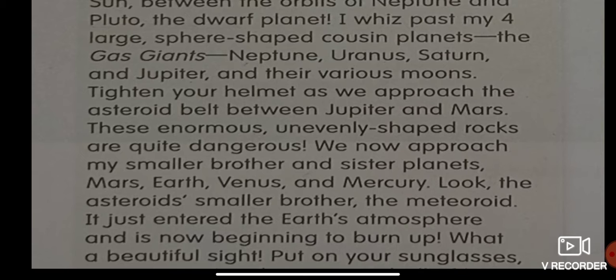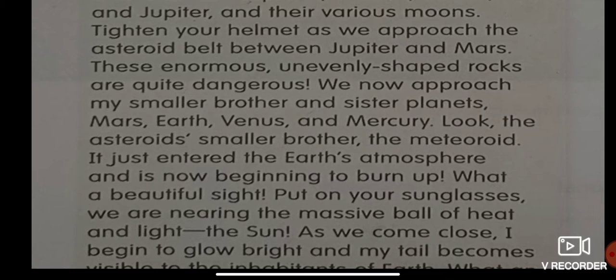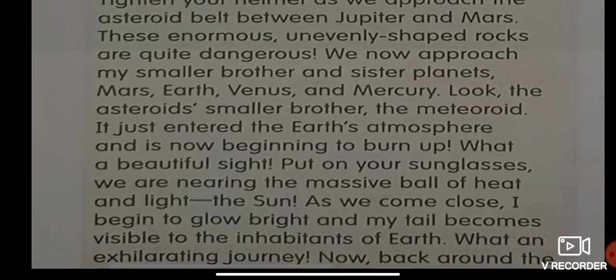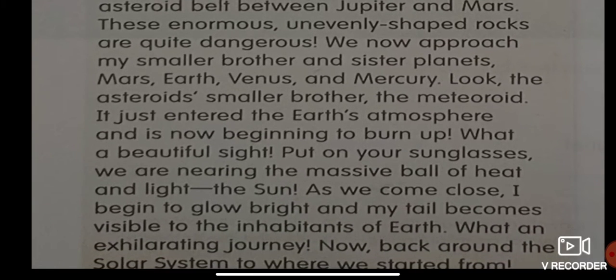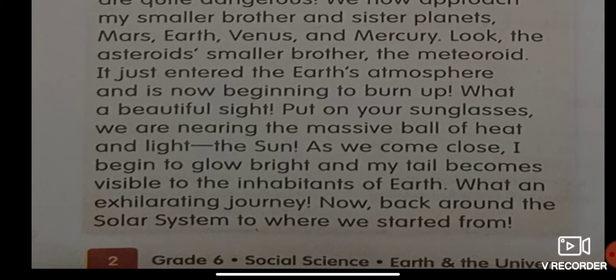We now approach my smaller brother and sister planets, Mars, Earth, Venus, and Mercury. Look, the asteroid's smaller brother, the meteorite. It just entered the Earth's atmosphere and is now beginning to burn up. What a beautiful sight! Put on your sunglasses. We are nearing the massive ball of heat and light, the sun.